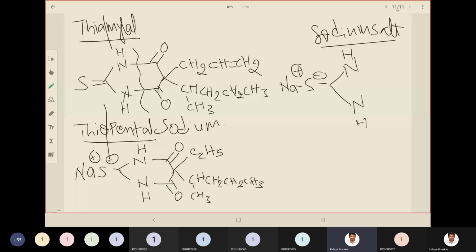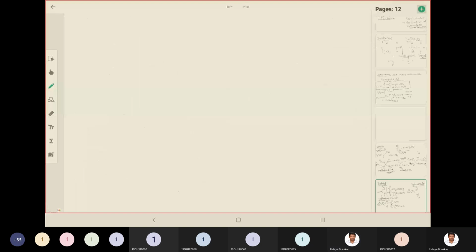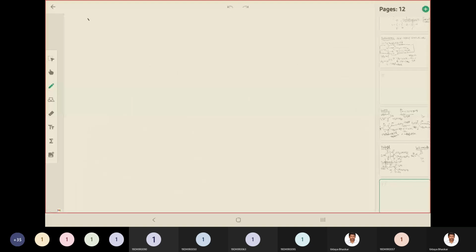And we have the last candidate, that is ketamine hydrochloride, the dissociative anesthetic. Ketamine, salt form hydrochloride. So how does it look? This is a phenyl ring having a chlorine attached to a cyclohexyl ring.